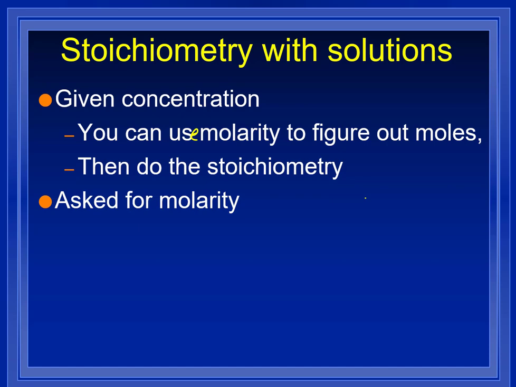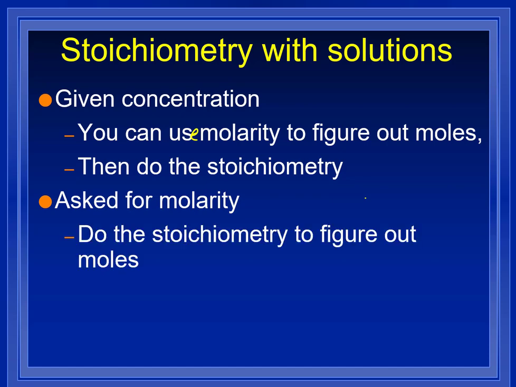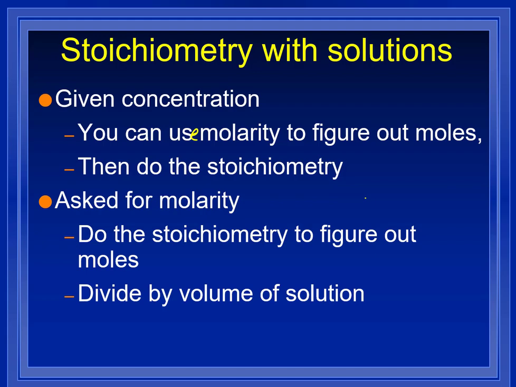In order to figure out the concentration, you would need to know the moles and the liters. So you do the stoichiometry to figure out the moles. And then once you have the moles, and you want molarity, you just need to divide by the volume of the solution.